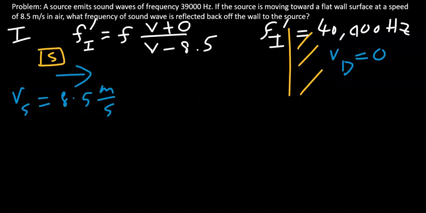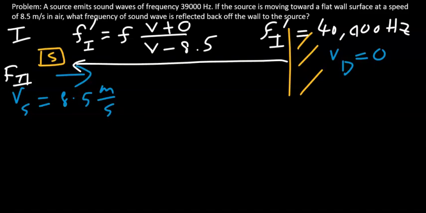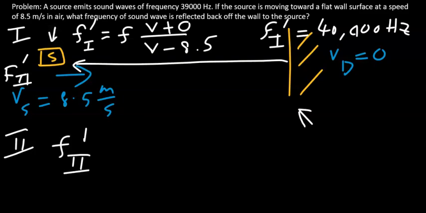Now the sound wave with that frequency will be reflected back to the source, and it will be received with an entirely different frequency. Let's call it F2 prime. So for stage 2, the wall is the source and the source is the detector. Writing the Doppler effect, remember that now F becomes F prime of stage 1.